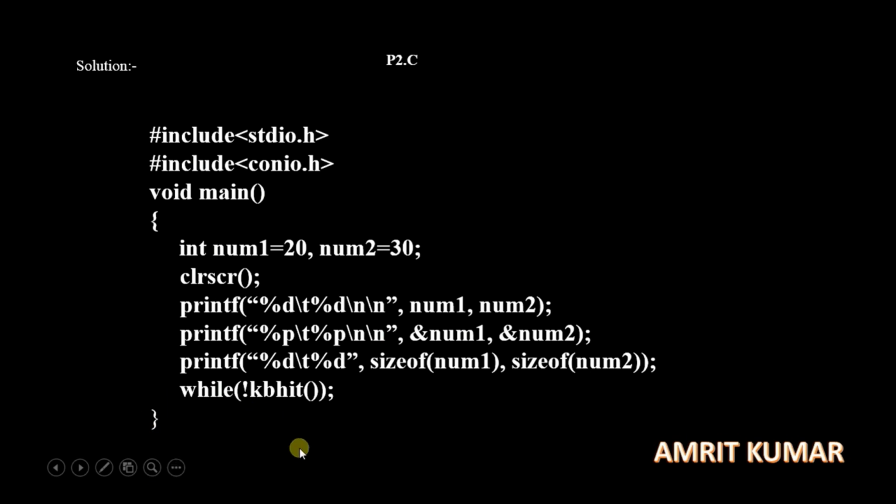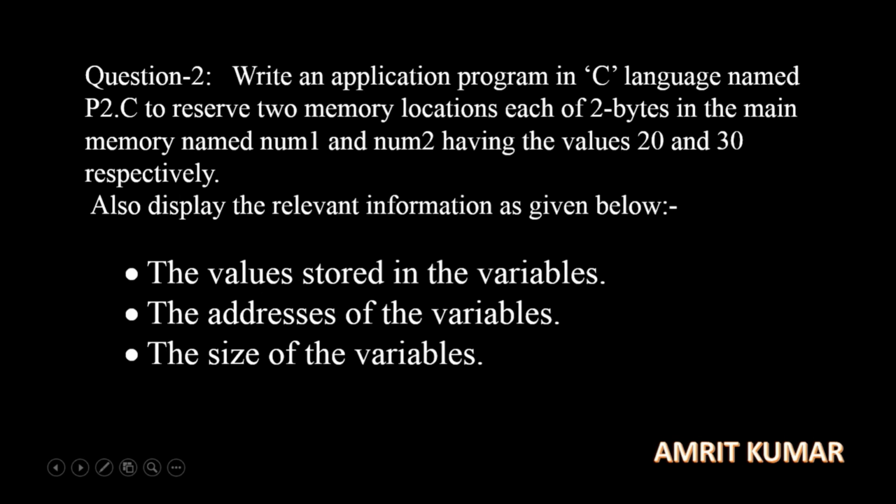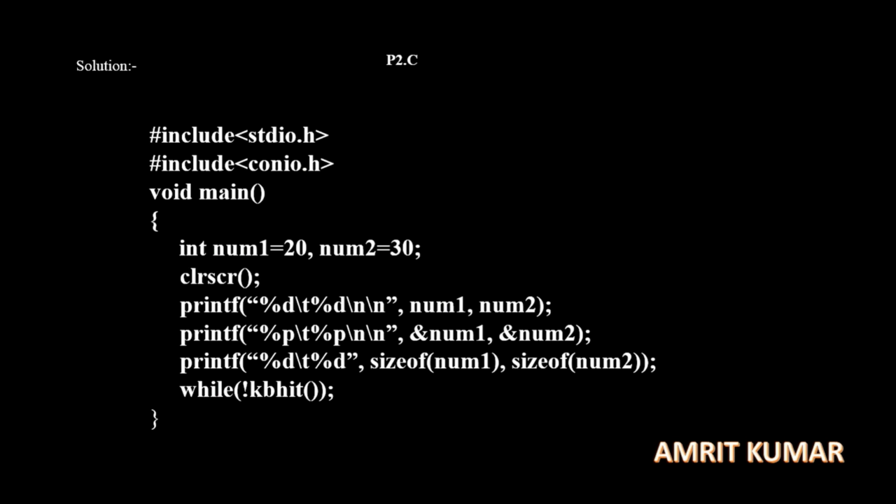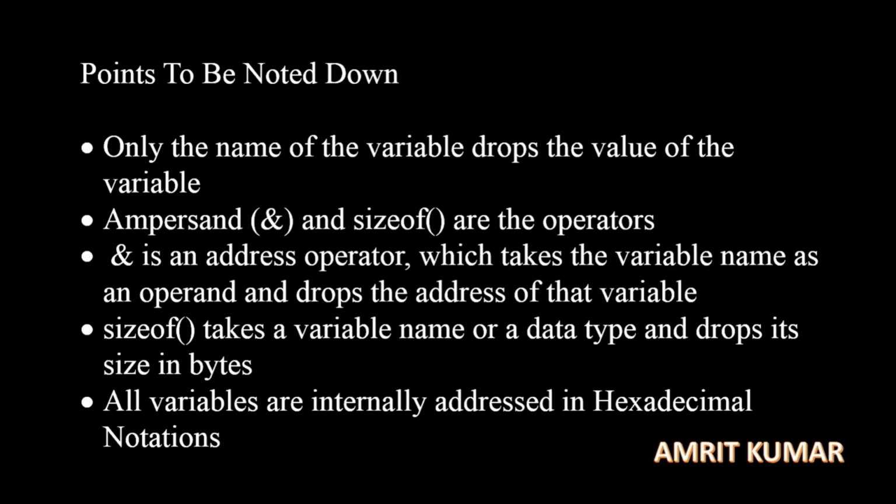So this is the way of representing the value stored in the variable, the address of the variable and the size of the variable. Now let's look at some points to be noted. Our first point is that only the name of the variable drops the value of the variable. That is so simple.